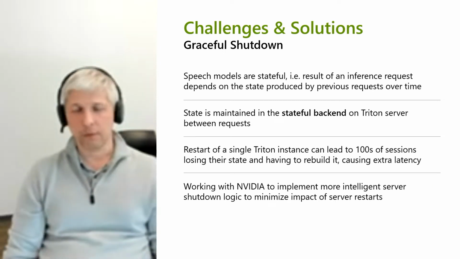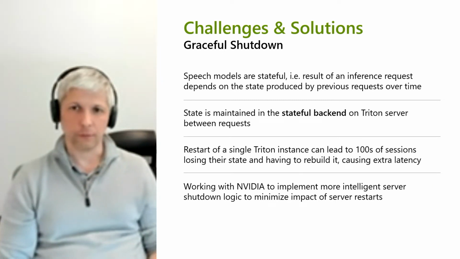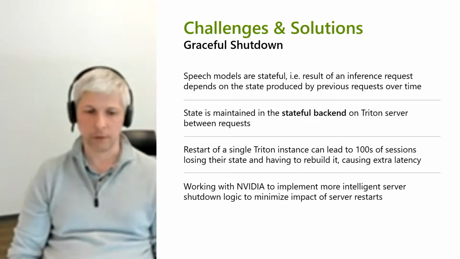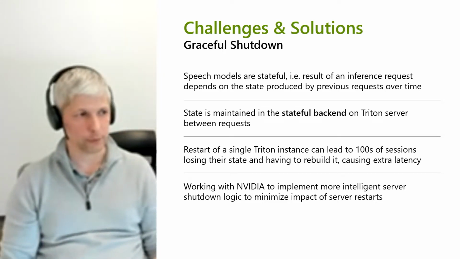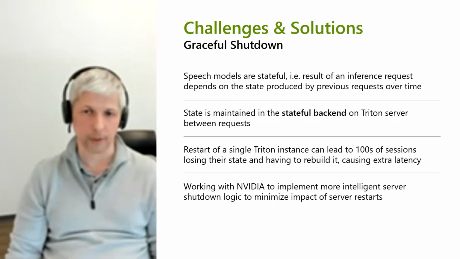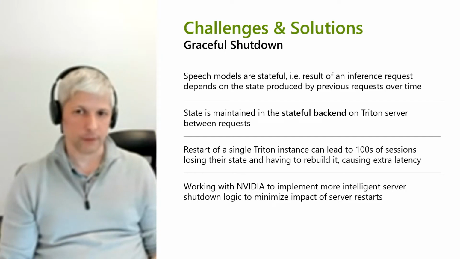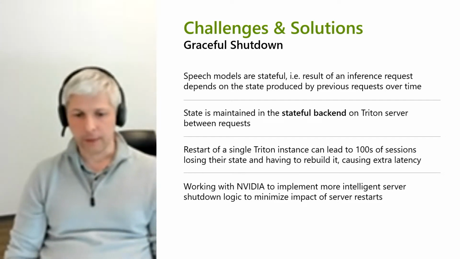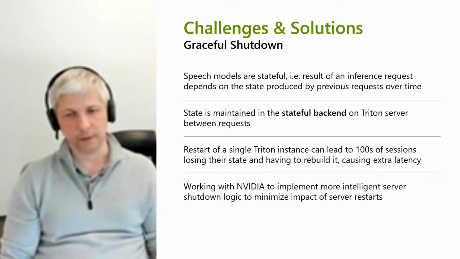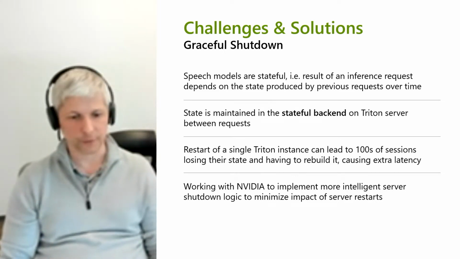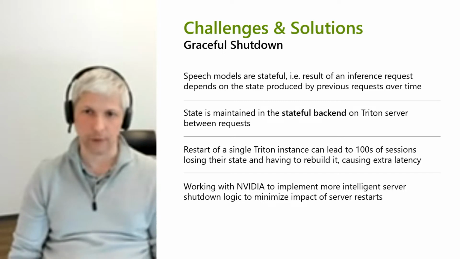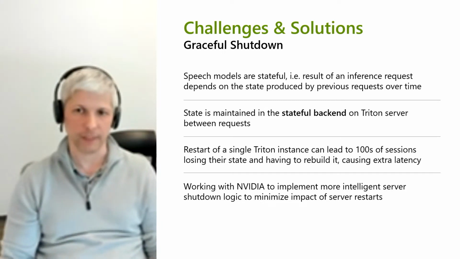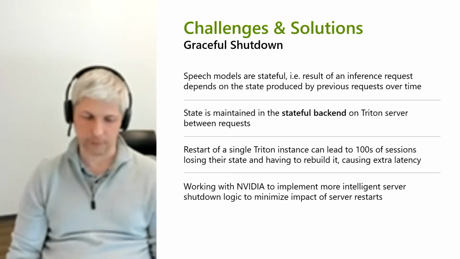Another challenge I want to highlight has to do with server shutdown, because when we run the service in Kubernetes, it can shut down a Triton server instance at any time for a variety of reasons. The problem with that is that a single server instance processes captions for a couple of hundred Teams meetings, and more importantly, it maintains model state for all of these meetings.